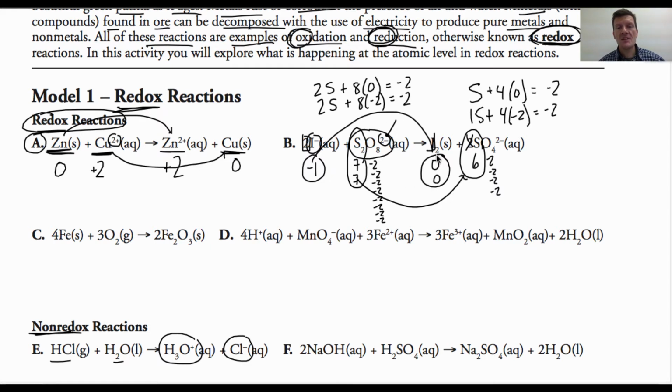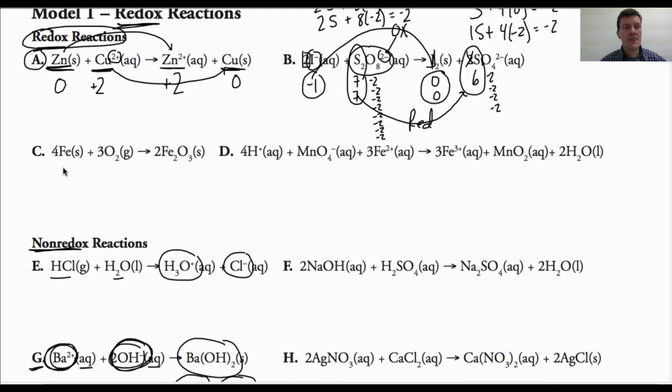So oxidation means that your oxidation number actually goes up. So this is your oxidation that is happening. Down here, this is the reduction part that is happening. Reduction means the oxidation number is reduced. Oxidation means the oxidation number goes up. Okay? And we'll talk about the electrons in just a second here.